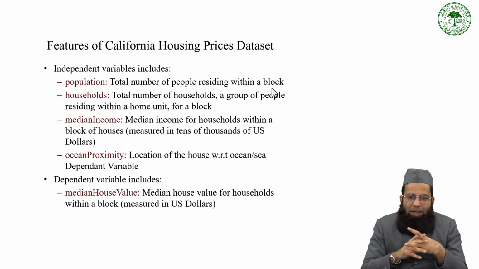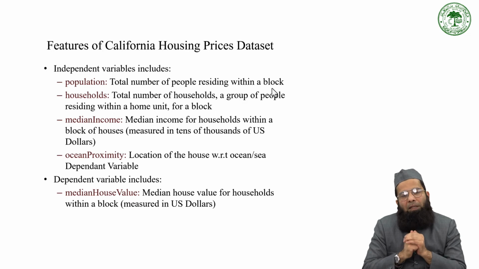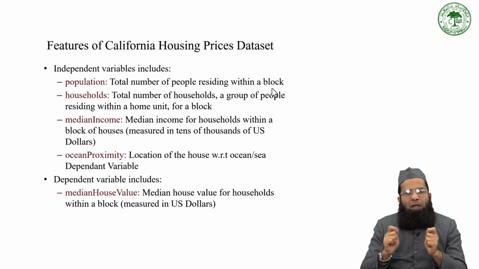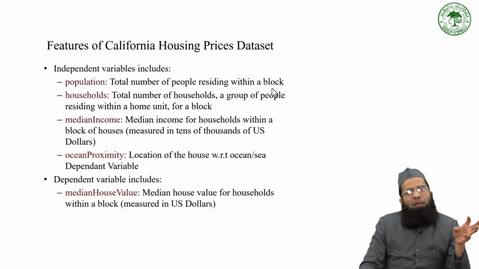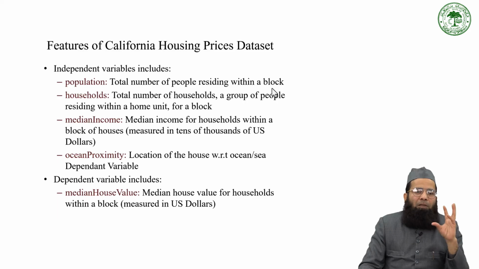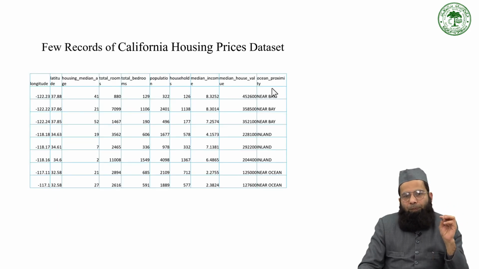And as far as the dependent variable is concerned, this one is the dependent variable, median house value. The median house value for a household within a block. So we want to predict the median house value. That is the target. It is a regression type of problem where we are not classifying, but we want to have a certain value.